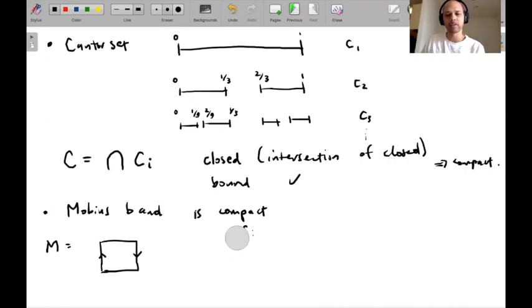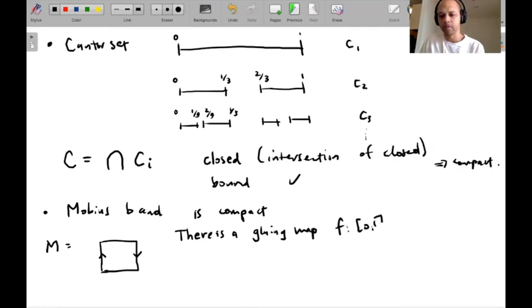let me not say there exists. There is this map. It's a concrete thing. It's the gluing map from the square to M. And well, we haven't carefully defined a topology on M, but however we define it, the main thing we want about this topology is that this map is continuous.